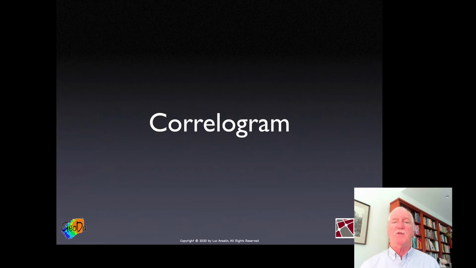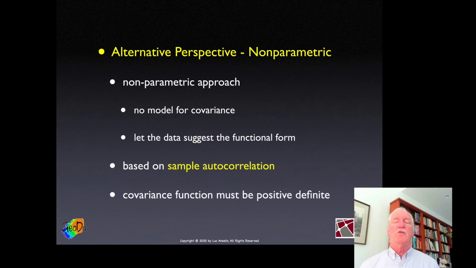But there is a different perspective, and that perspective brings Tobler's law in directly and relates the strength of the correlation to the distance, the distance decay, that 2 observations are from each other.